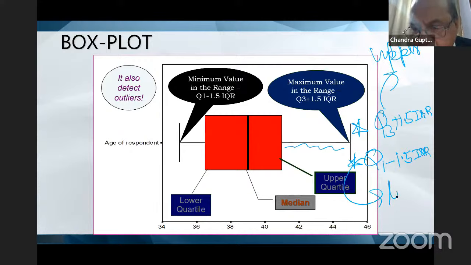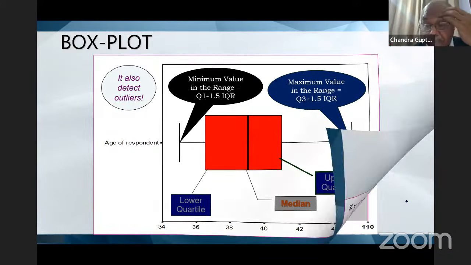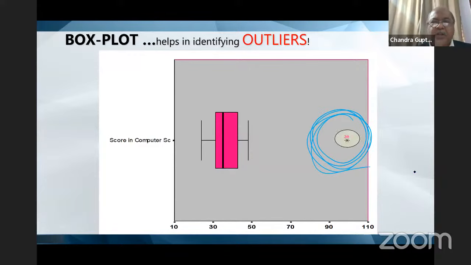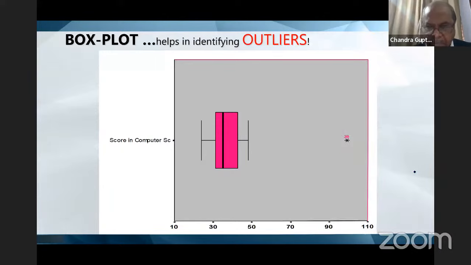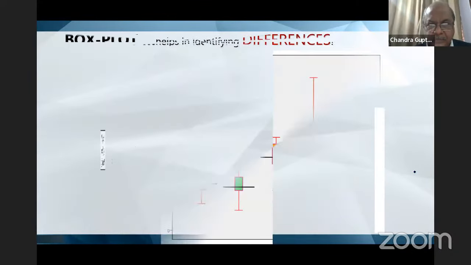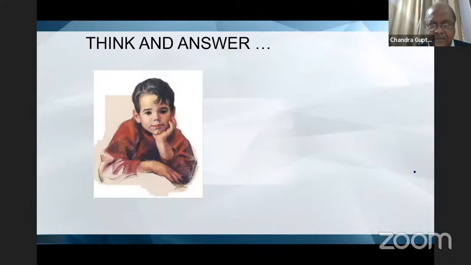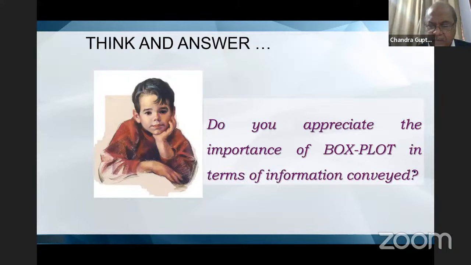This is the lower limit. That's an outlier. You can draw a box plot horizontally or vertically, that's your choice. You can also use it for comparison purposes. That can also be done. Okay.